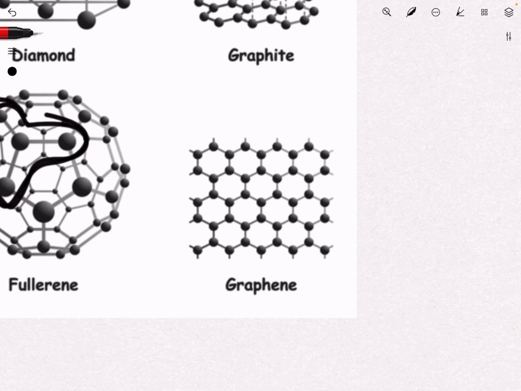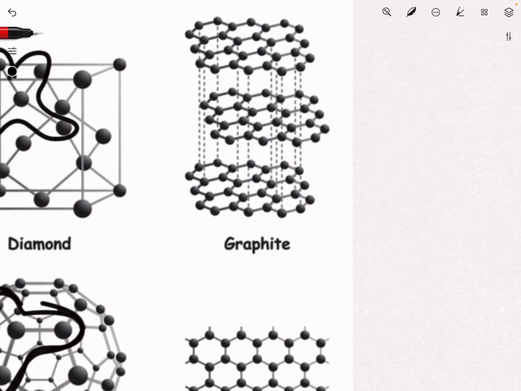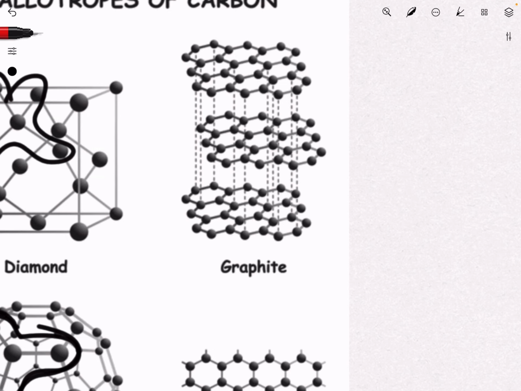And if we look at graphite here, graphite really is just many graphene layers which are stacked on top of each other. So graphite is another giant covalent structure which also conducts electricity, but this one is brittle and slippery.